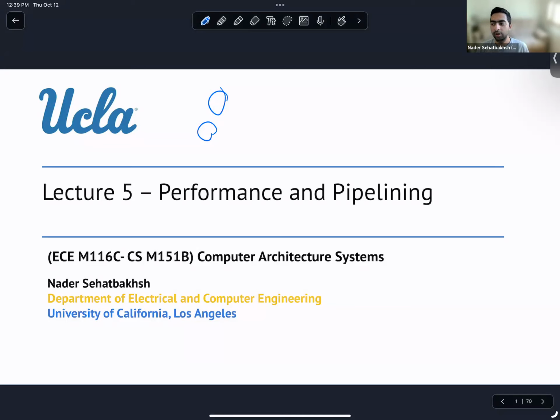But of course, this is not what we're going to use in the real world. There are lots of optimizations that go into this data path. So we're going to go through that. But in order to understand why we are doing those things, we need to understand what is important in order to measure the performance, okay? So I'm going to focus in this lecture on measuring that, all right?